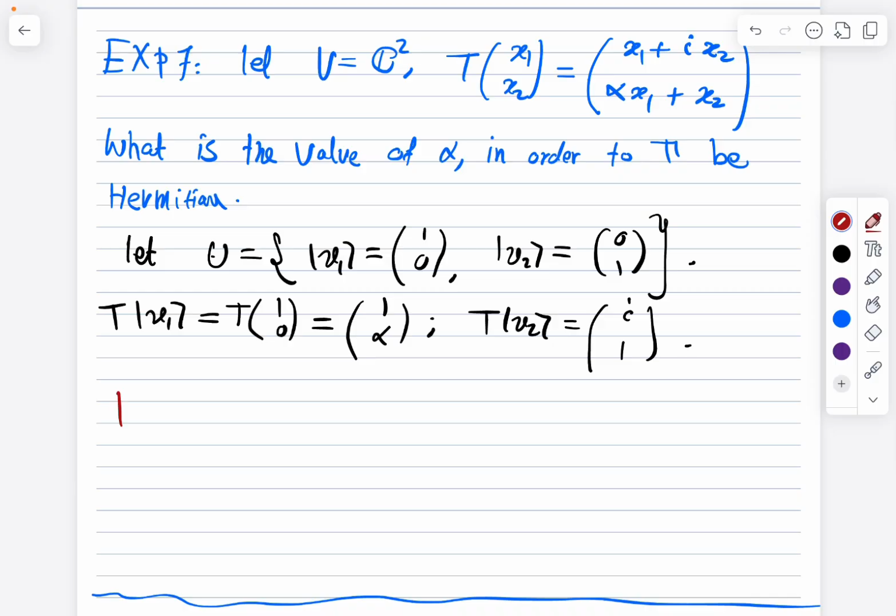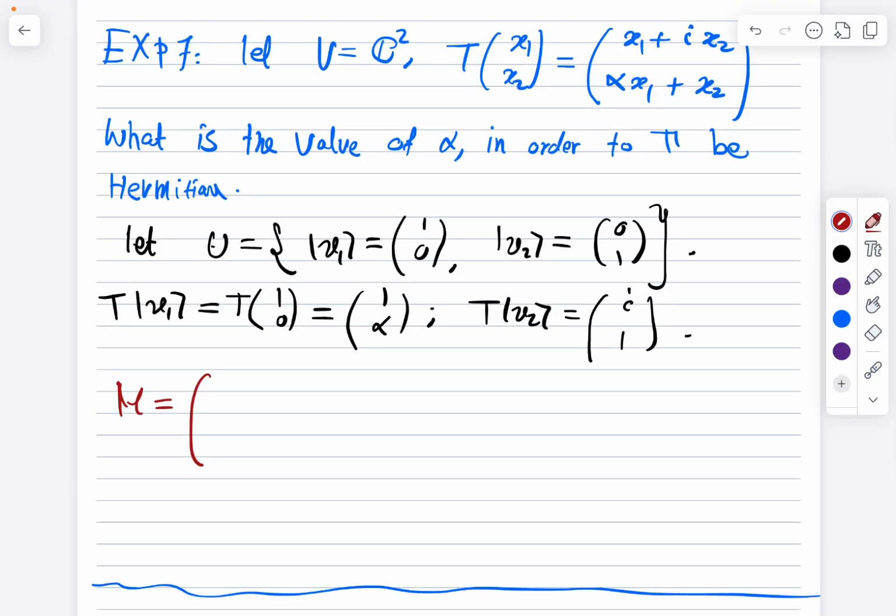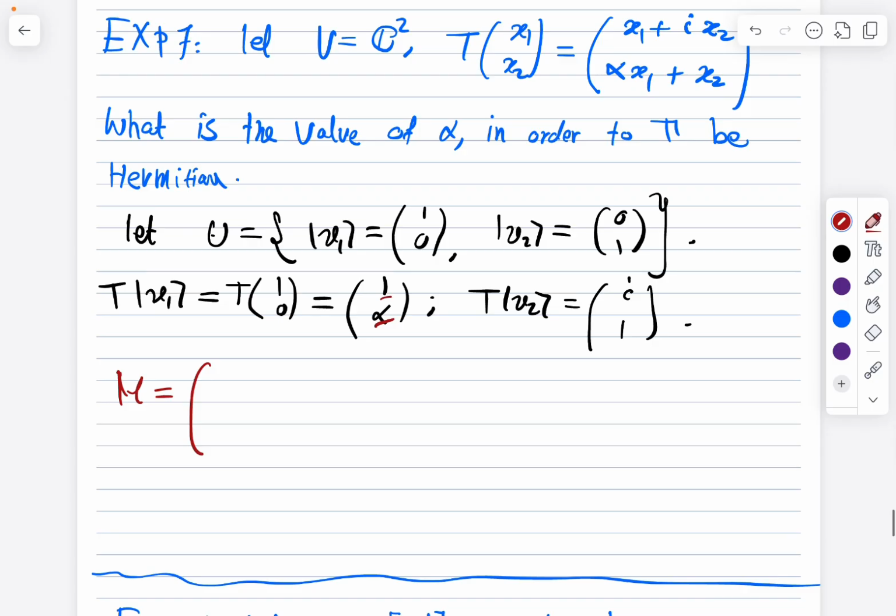Now for the matrix, as I said, we take the components of the first basis image and put them as the first column, and then we take (i, 1) as the second column.